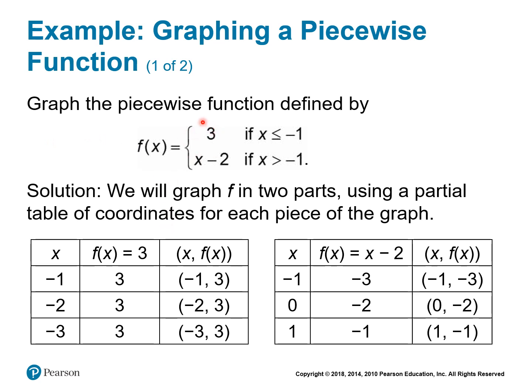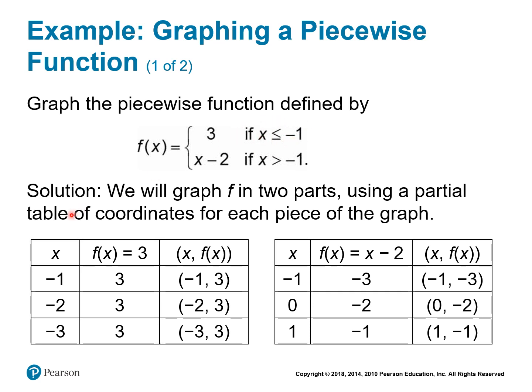Now, for a piecewise function, because a function is split into several equations, we have to come up with ordered pairs from the different equations corresponding to the domain intervals defined in the function.